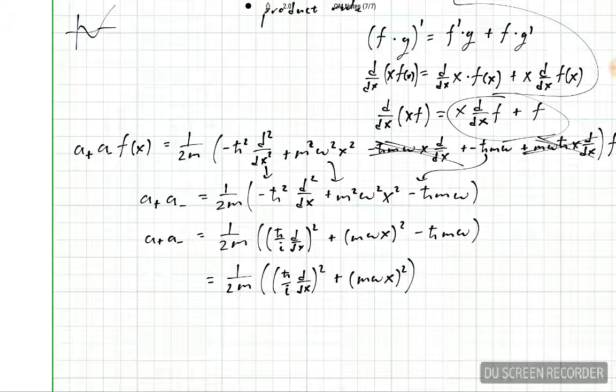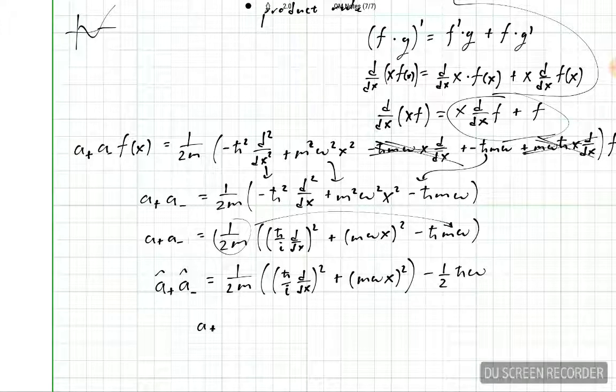or I distribute it in here, I get a negative 1/2, right? So this is 1 over 2m times this, and then I get an h bar, and then my mass is canceled out, times omega. This is my A plus operator multiplied by my A minus operator.